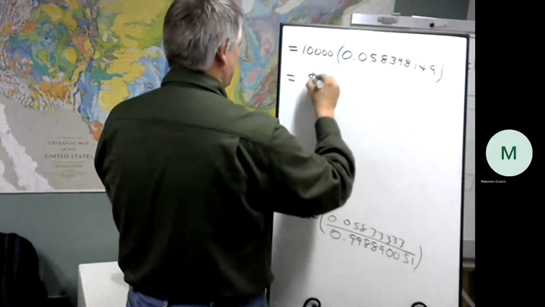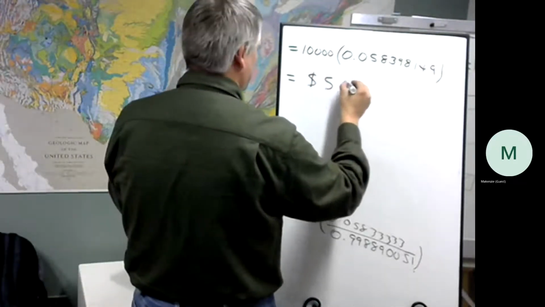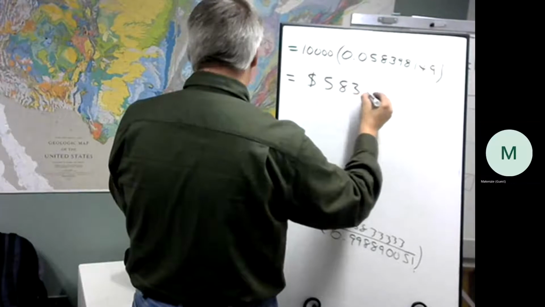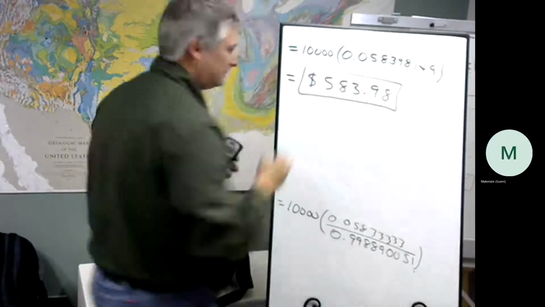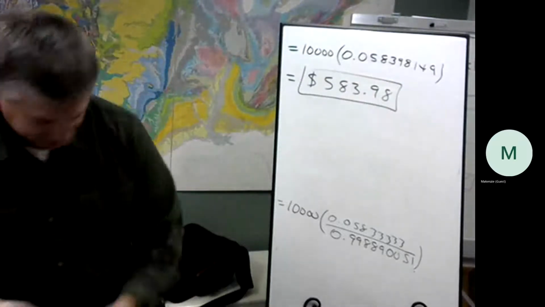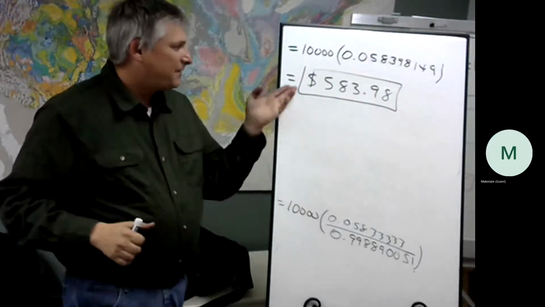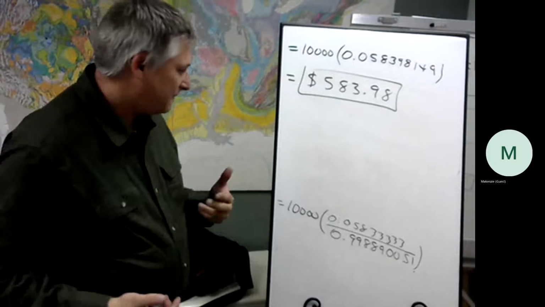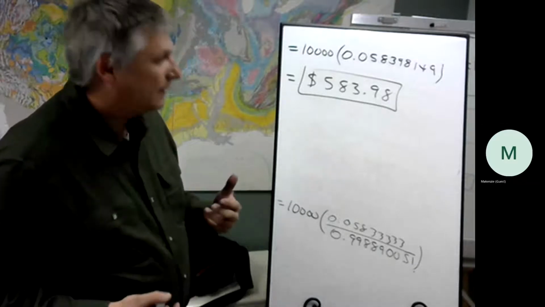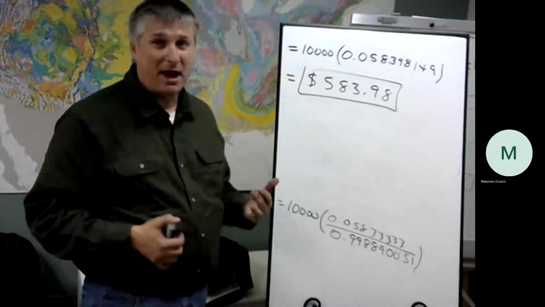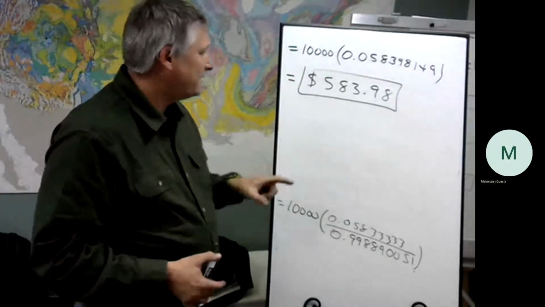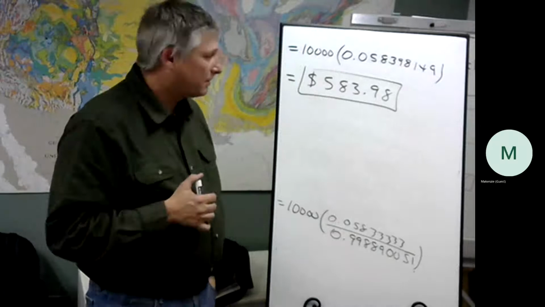And so we get $583.98. So that's the monthly payment we're going to pay for 10 years, monthly payments, to pay back 10,000. We're going to pay $583.98 per month.